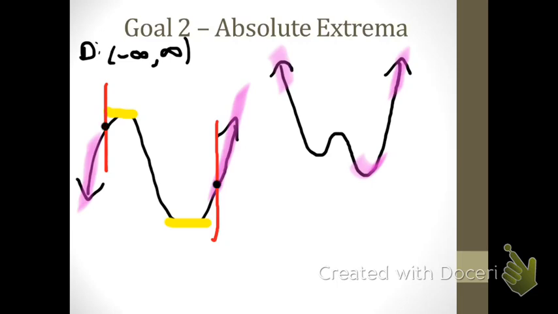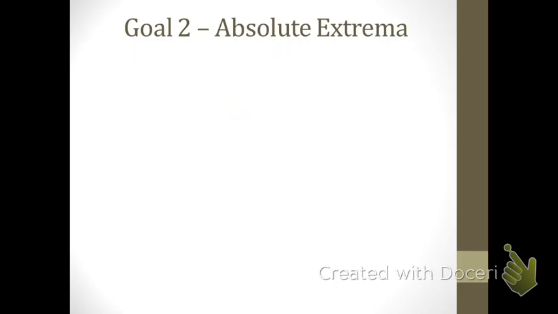Well, when you restrict the domain, there is a point on the interval that you're looking at that is the absolute highest and the absolute lowest. I think you can imagine that right there. There is an absolute maximum and absolute minimum on that interval. And so that's what we're going to look at: how do you find on a closed interval the absolute extrema.